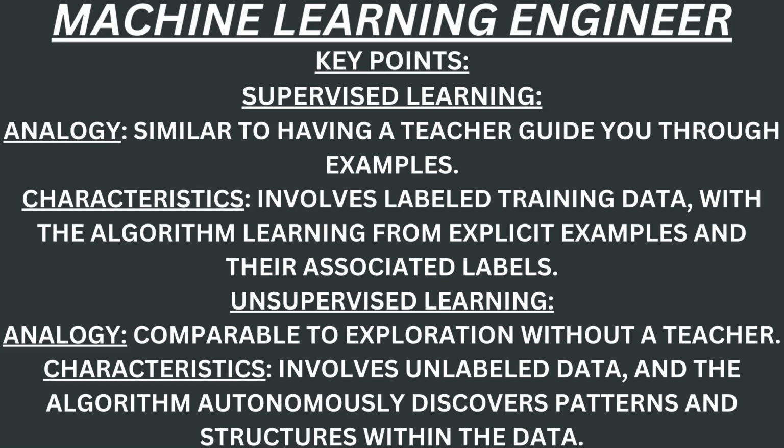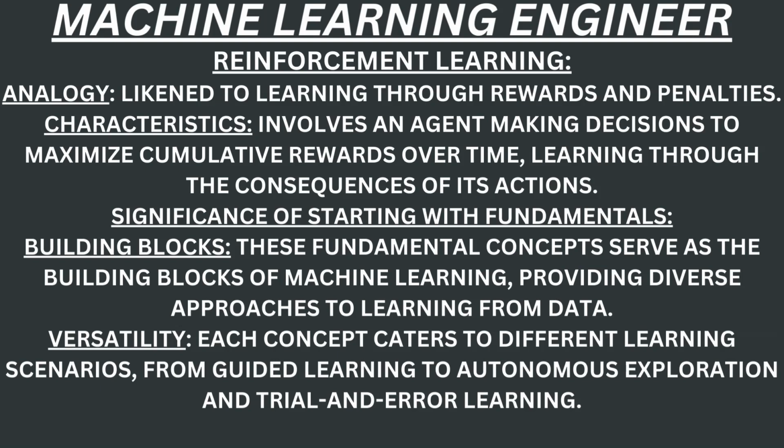Characteristics: involves unlabeled data, and the algorithm autonomously discovers patterns and structures within the data. Reinforcement learning, analogy, likened to learning through rewards and penalties. Characteristics: involves an agent making decisions to maximize cumulative rewards over time, learning through the consequences of its actions.